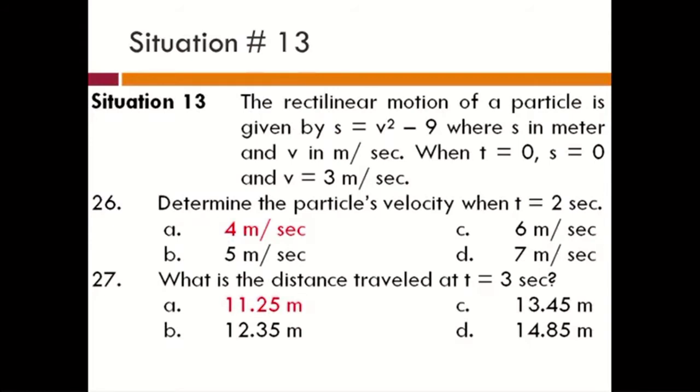When time equals 0, displacement equals 0, and its initial velocity is 3 meters per second. And because it's positive, we are assuming that it's going to the right. Okay? Initially. Ngayon, ang sabi, what is the distance traveled at 3 seconds?